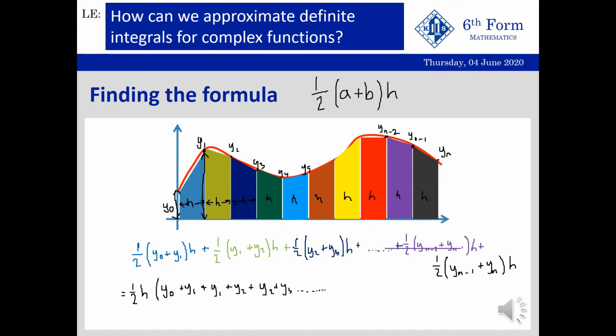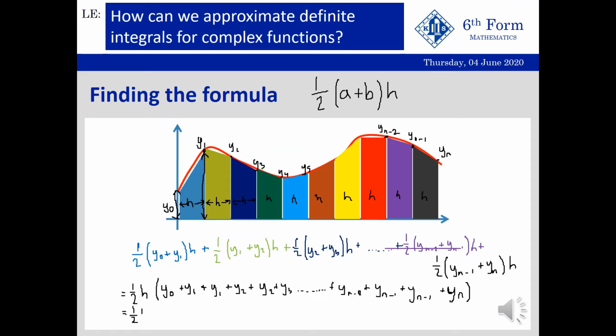And we've missed some of the terms out in the middle. We'd have yn minus 2 plus yn minus 1 plus another yn minus 1 and then plus yn on the end.